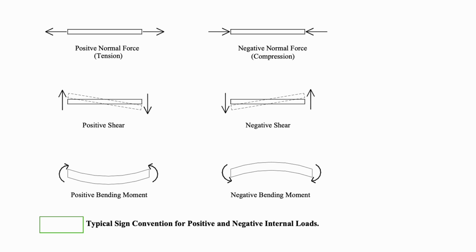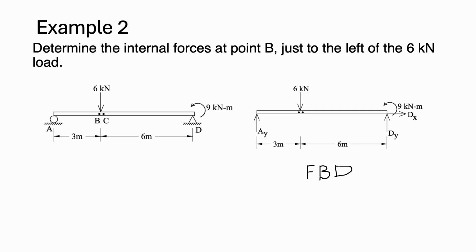Then these are the typical sign conventions for positive and negative internal loads. This is for positive shear, showing the left side of the figure, and the negative shear. Then we have a positive bending moment and a negative bending moment.